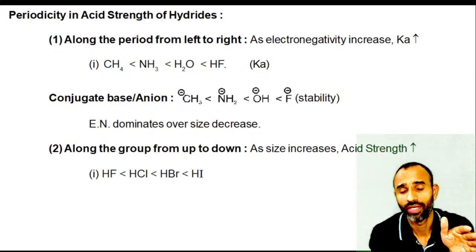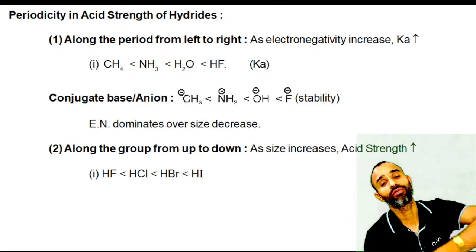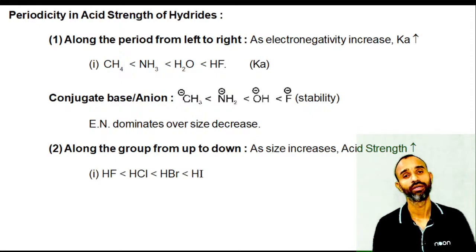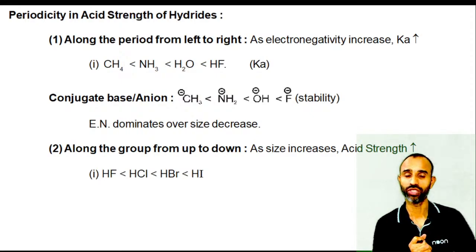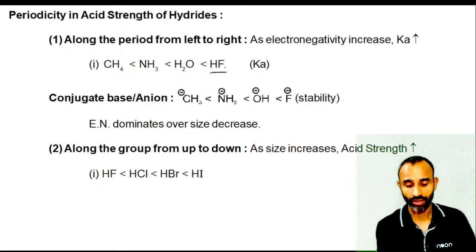Now if we have inorganic compounds, like methane, ammonia, water, HF, as electronegativity increases along the period, acidic strength increases. And if we talk about the conjugate base, the conjugate base of HF, fluoride ion, is more stable.